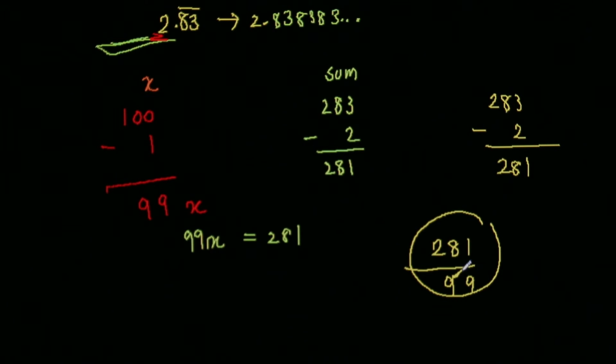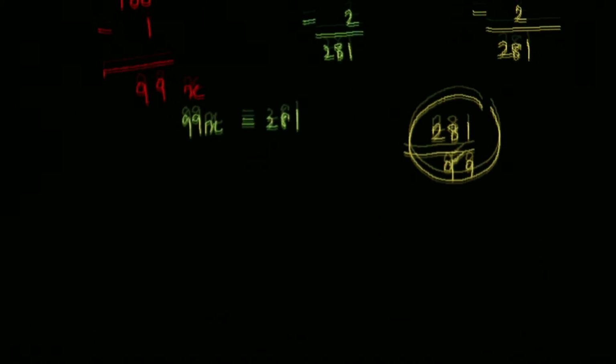Now we'll move on to one more sum in which we have a non-recurring digit after the decimal. So let's try one of those kinds so you get a hang of what we're doing. Now I'll be using 3 colors in this one. 2.6 and then something funky, blue, 1 bar.